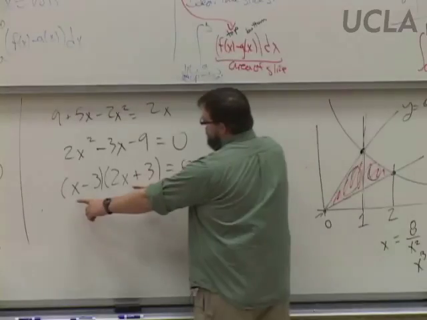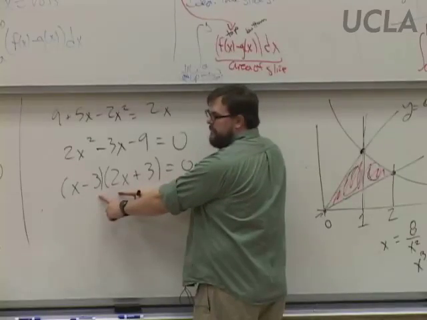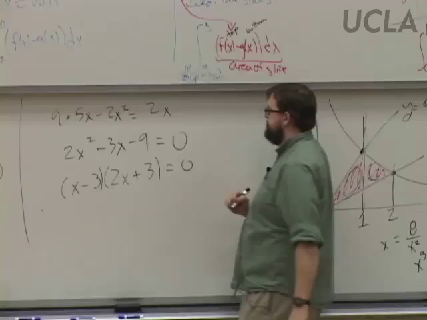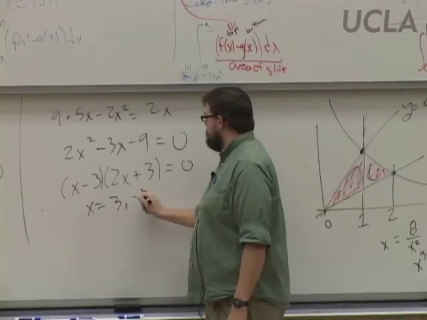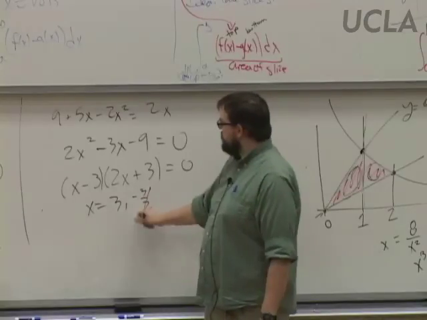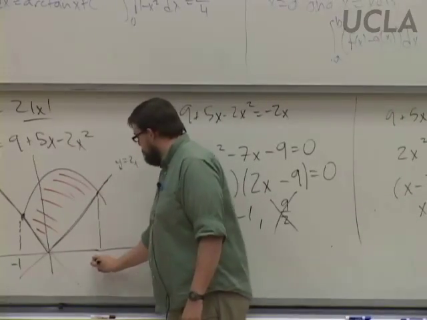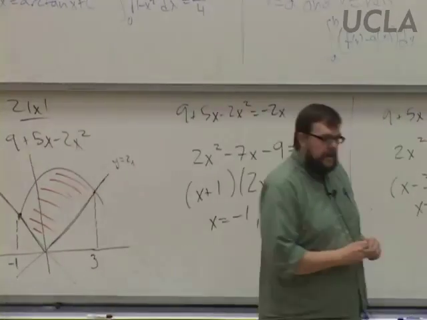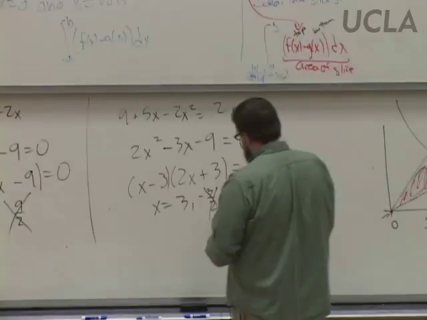You can check: 2x squared plus 3x minus 6x is negative 3x, and then minus 9. So again, the roots are at 3 and negative 3/2, but since I'm looking for my positive root, I can throw out the negative 3/2, and now, lo and behold, I found it. It's at 3. So I found my points of intersection. They are negative 1 and 3.